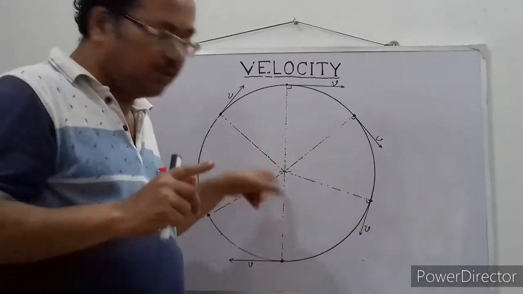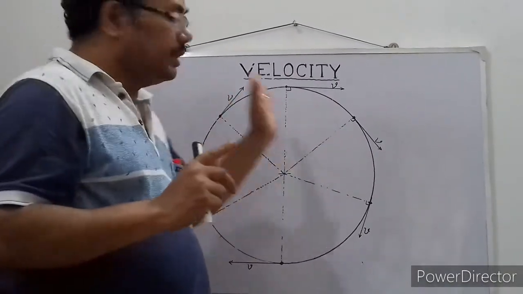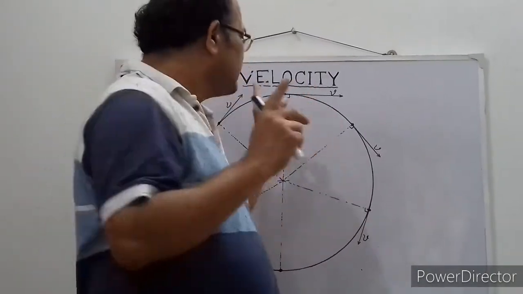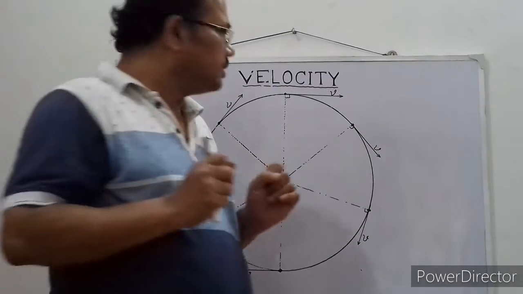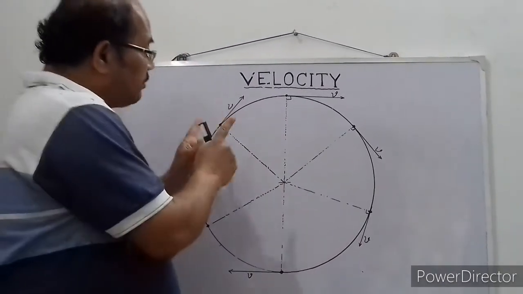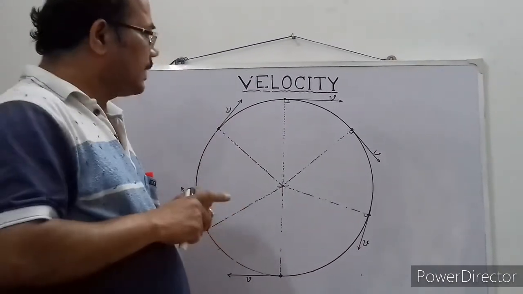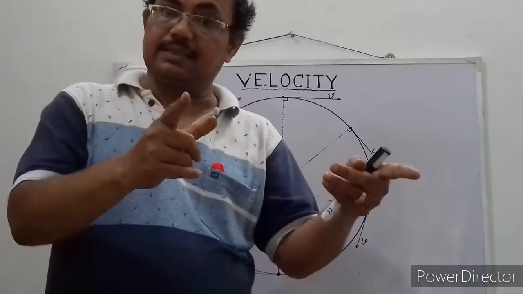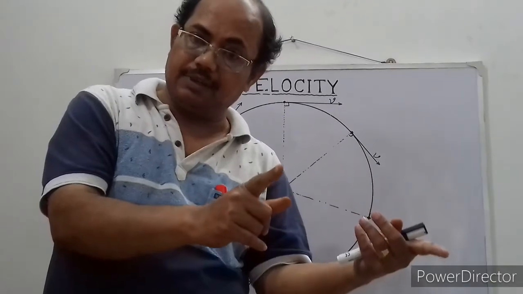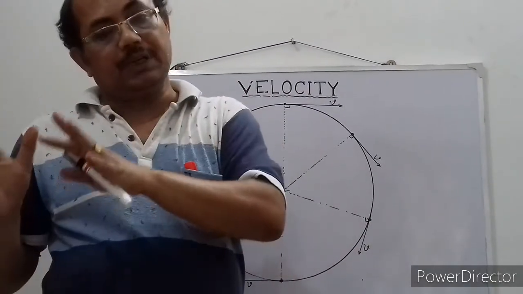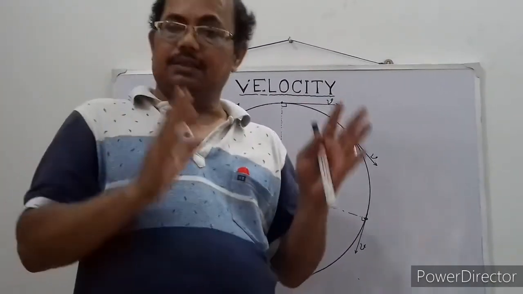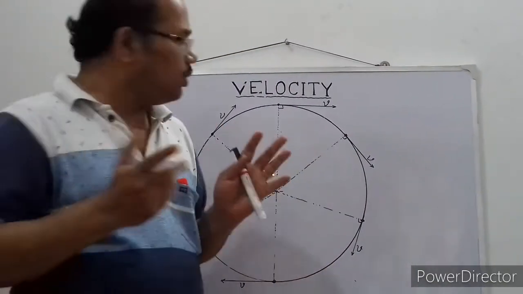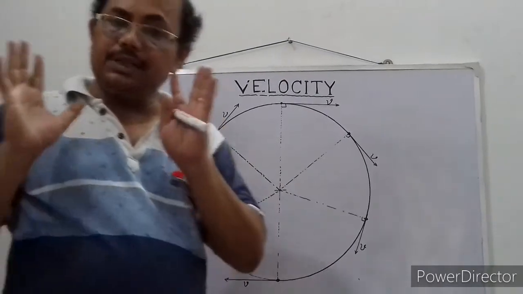For each rotation the time period is the same and the distance is the same, 2 pi r. But speed is uniform, okay, but velocity is not uniform. Why? Because in case of speed we take the distance traversed in a particular time, the ratio of distance to time. So here the speed is uniform.